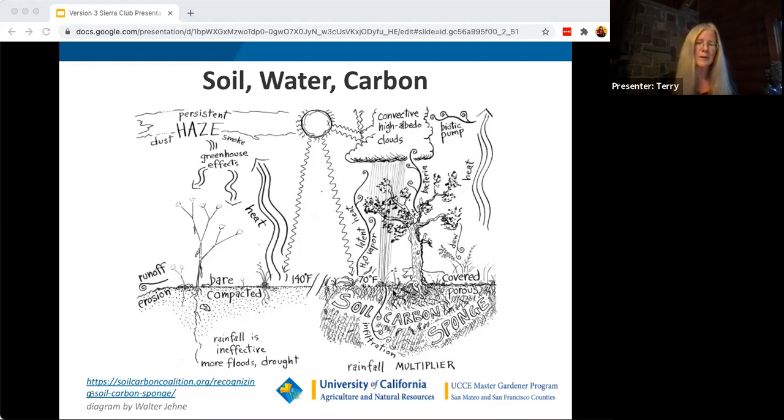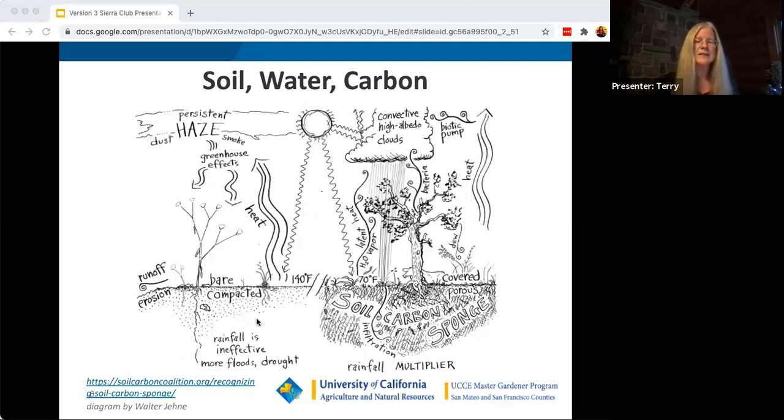When you look on the left side, you'll see that it looks very hot. The sun is pulling any moisture that might be in the ground out. It's evaporating. The poor little tree is barely alive, and not much transpiration is coming out of that little guy.